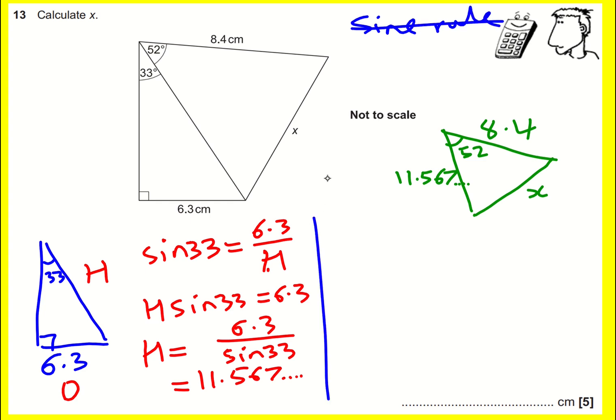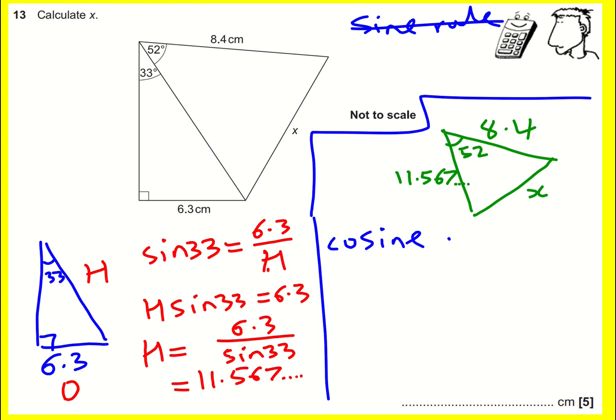That leaves me with the cosine rule. And that does work because that relates three sides of a triangle to an angle. And I've got two sides, I've got an angle, I've just got one side missing. I can write down that a squared is equal to b squared plus c squared minus 2bc cos a.